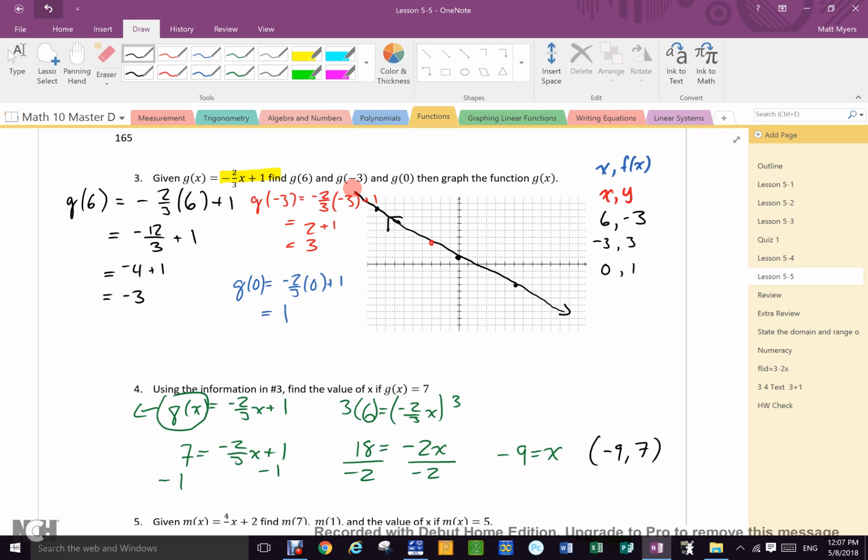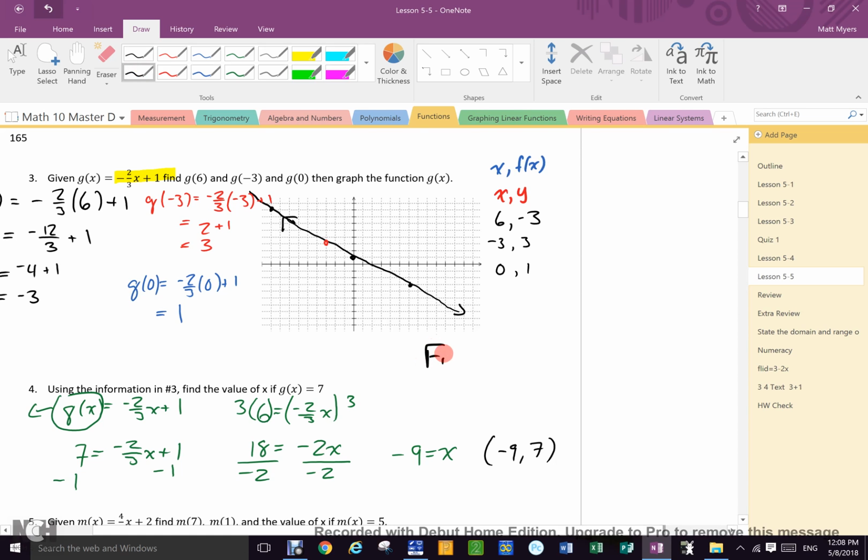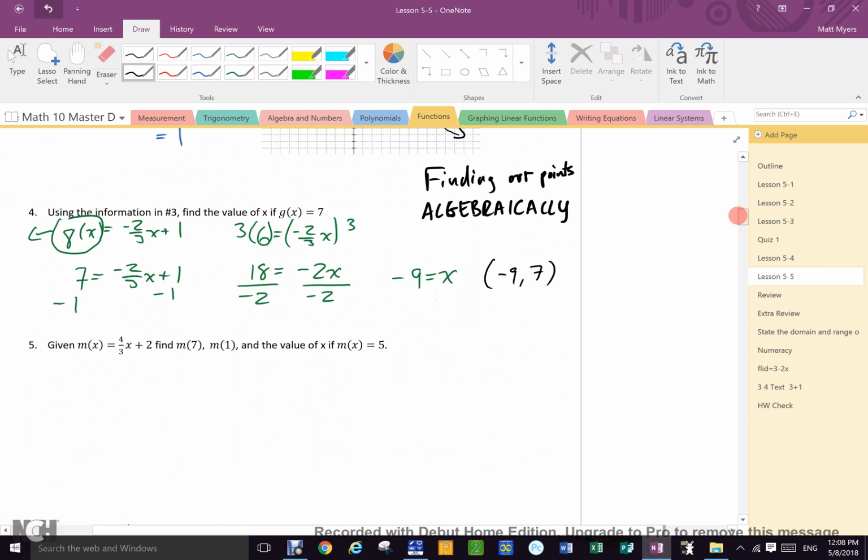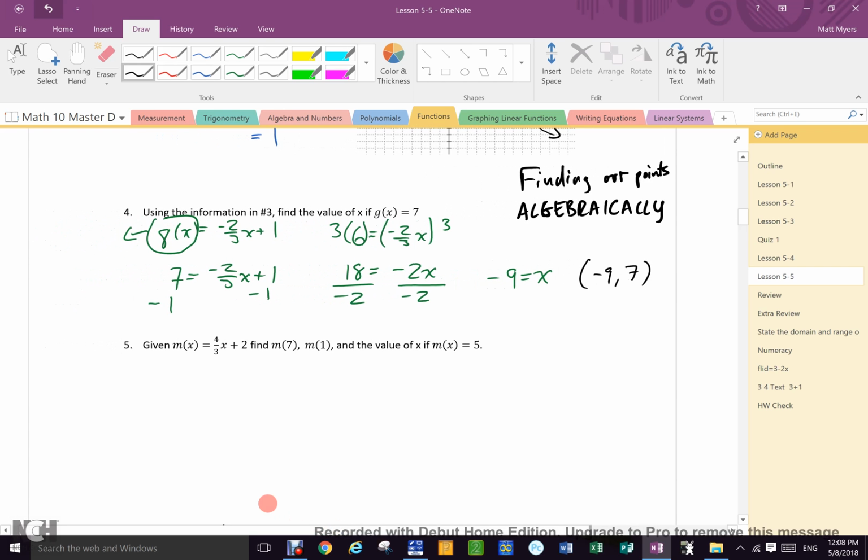What we have done so far is we have been finding our points algebraically. We have been doing all math, haven't we? Is everybody cool? Good. We are going to work through number 5 together, then you are going to do number 6.